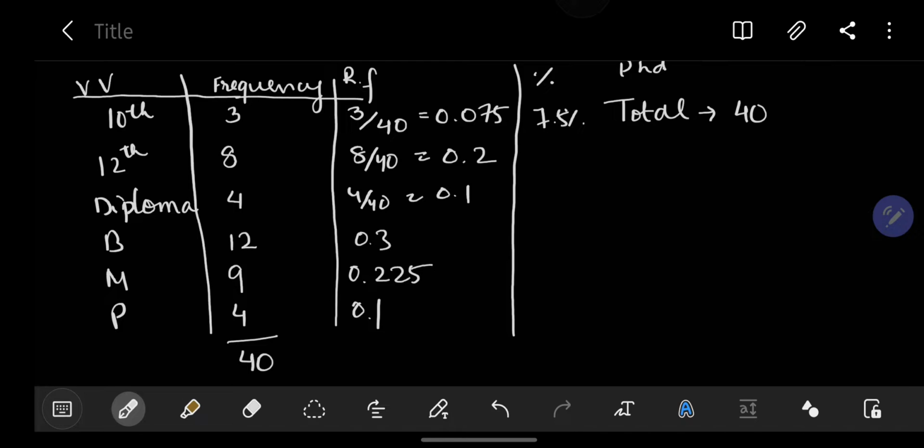It's just an approximation, so you don't need to consider that. So 20%, I hope you are understanding my point, 30%, 22.5%, and 10%. This is all about frequency distribution. If you have any queries, you may contact me through comments.